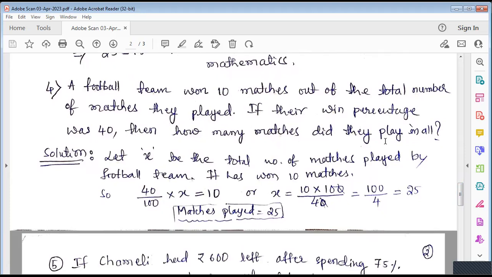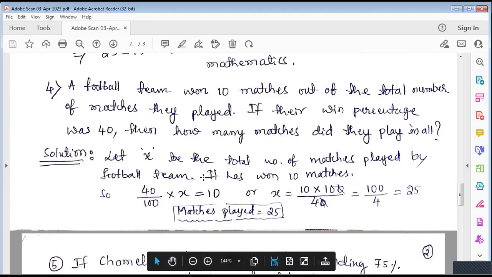So here we have to assume that X be the total number of matches played by this football team, because we don't know how many matches are played by this football team. Out of that, they have won 10, and their win percentage is 40. So just think that X is the total number of matches played by the football team.